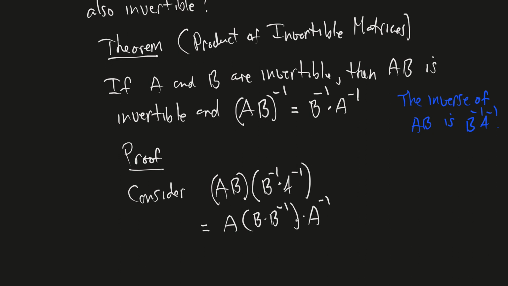Because B by itself is invertible, we know that B inverse exists, and this product is going to be the n by n identity because I'm multiplying a matrix by its inverse. So this is A times IN times A inverse.